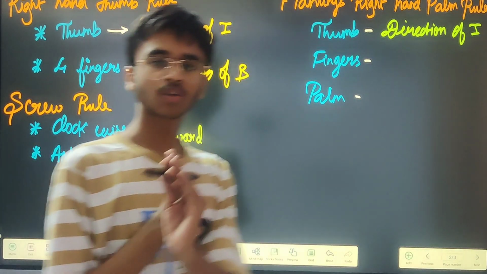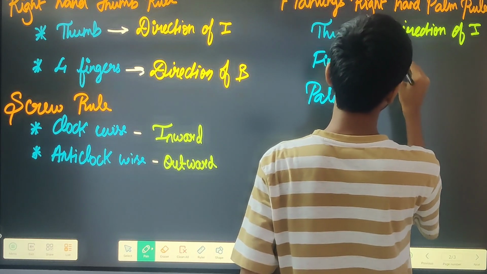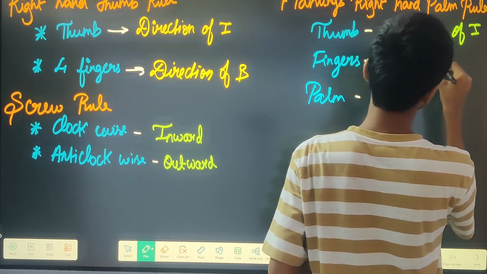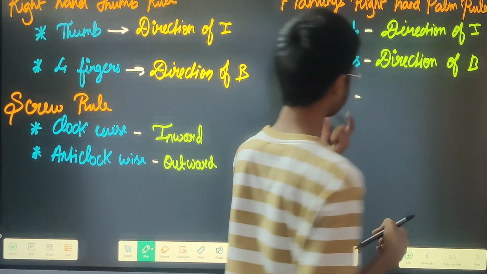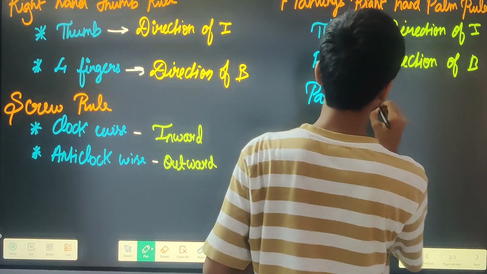These four fingers indicate the direction of the magnetic field. Then the palm indicates the force of the magnetic field, the force that is produced by the magnetic field.